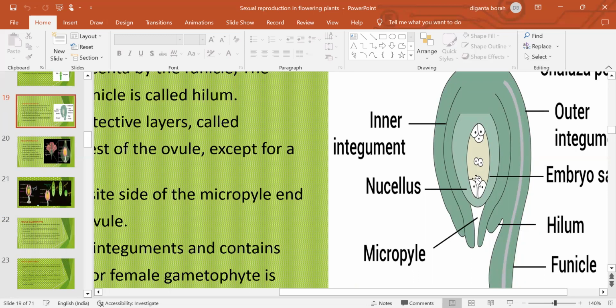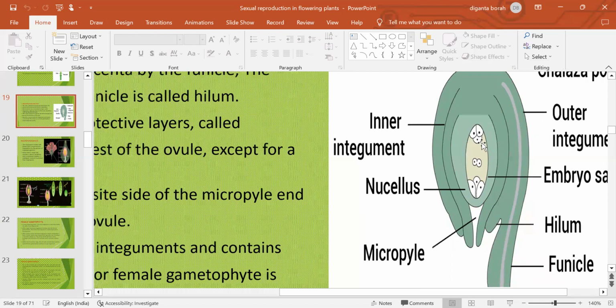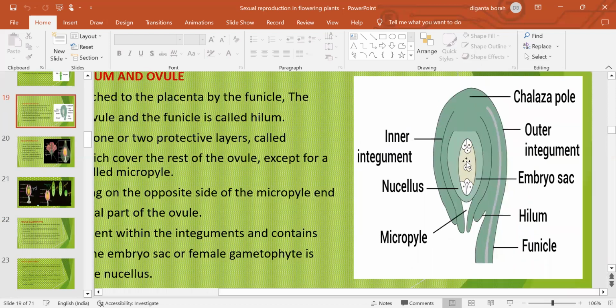The 3 cells towards the micropylar end are called the egg apparatus, and the opposite side of the micropylar end is called the chalazal end. The 3 cells situated towards the chalazal end are known as antipodal cells. So this is the chalazal pole. The 3 cells towards the chalazal pole are called antipodal cells, the 3 cells towards the micropylar end are called the egg apparatus, and the center 2 cells are known as polar nuclei.